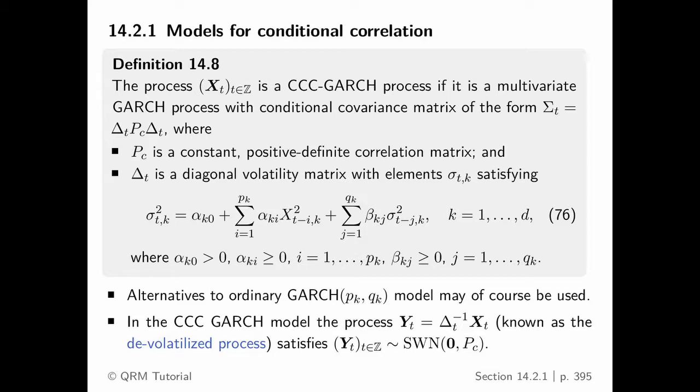The sandwich, we have Delta t, but the Rho t will be held constant. So Rho t will be a single constant correlation matrix, positive definite. Delta t is diagonal, it contains the volatility, and the elements will follow ordinary GARCH. So you have the GARCH equation that we revisited, and that's what we're going to do for each component series.